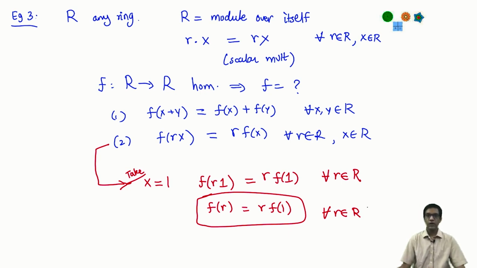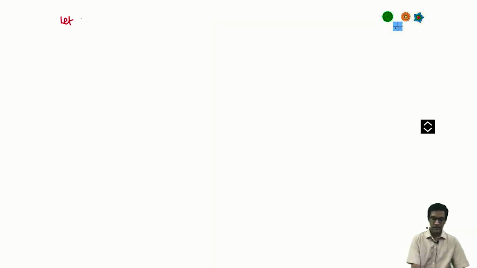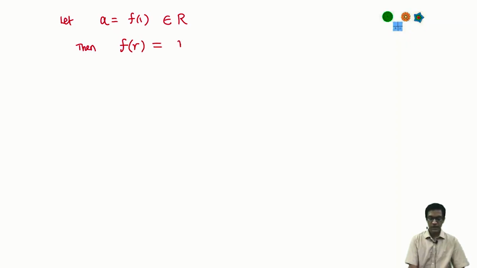So f of 1 is some particular element of my ring here. Let's call it a, so let a be the element f of 1. Then observe that this homomorphism f of r is just the following map, r mapping to r times a. This is sometimes what's called the right multiplication by a.